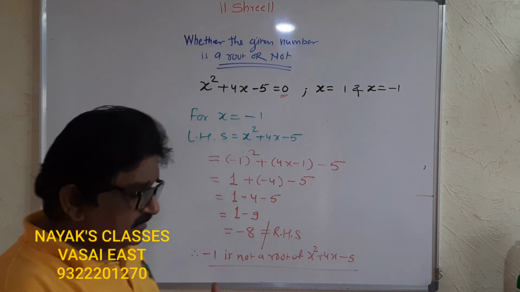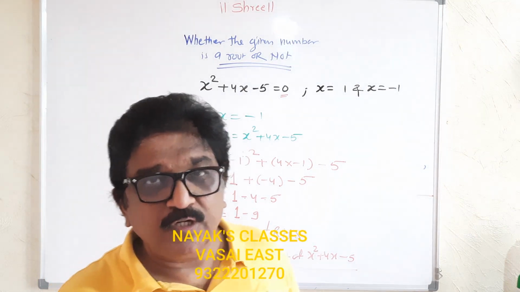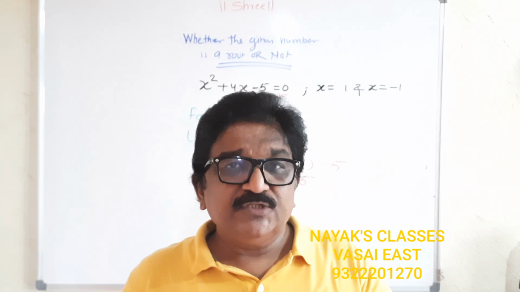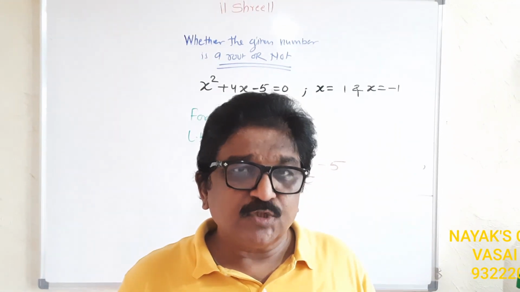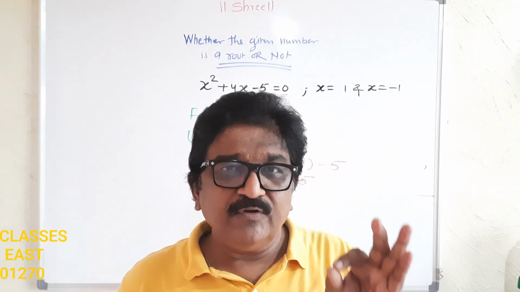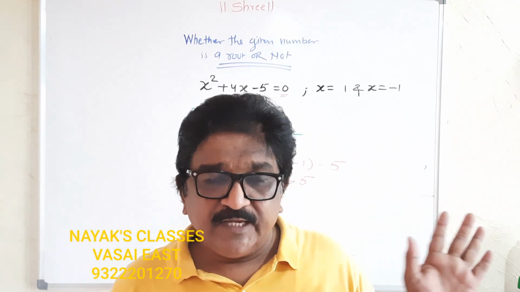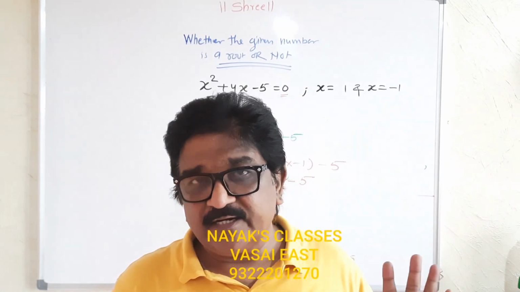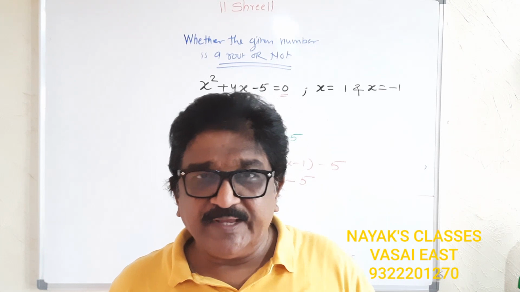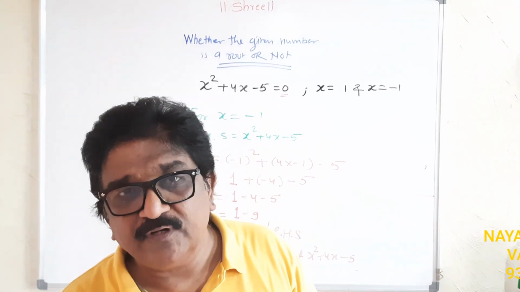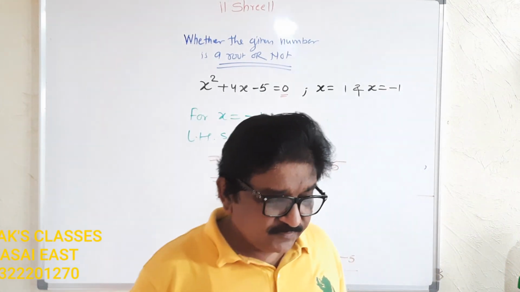This way, these examples have to be solved. I request you to try these examples on your own so that you feel confident in getting these answers correctly. Sign changing is very important, so be careful while changing the signs.